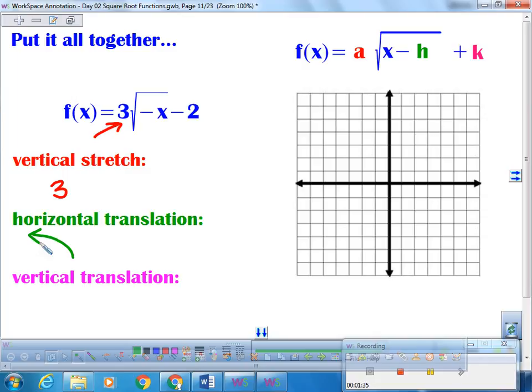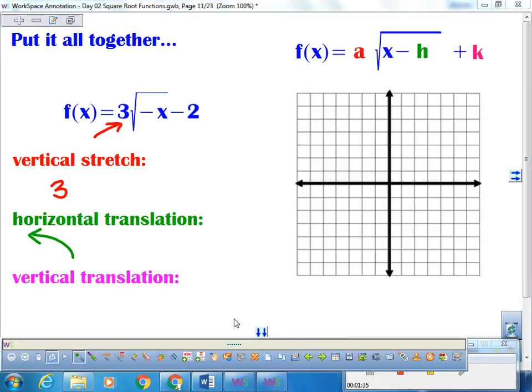Okay, good. And then if the negative was on the outside of the radical, then it would be going like this. Correct? It would be going down. And if you ever can't remember which is which, all you have to do is just substitute in a value for x. And that's what I'm going to do right now to double check myself.